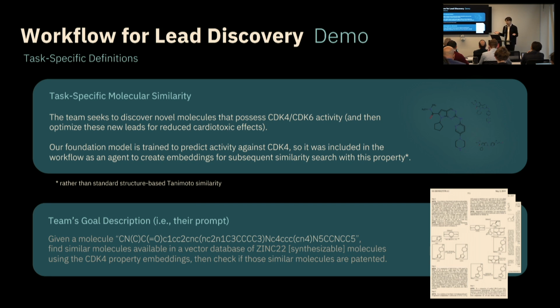So the problem here can be defined as: given a molecule as a SMILES string, find me some similar molecules that are available in a vector database, Zinc22, using CDK4 property embeddings, and check if those molecules are ever patented.